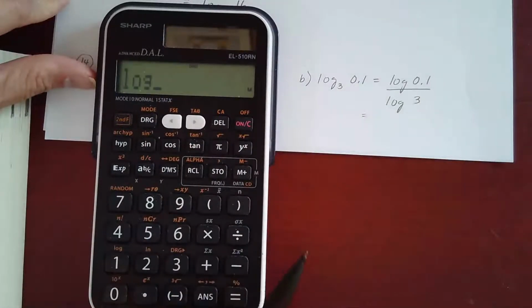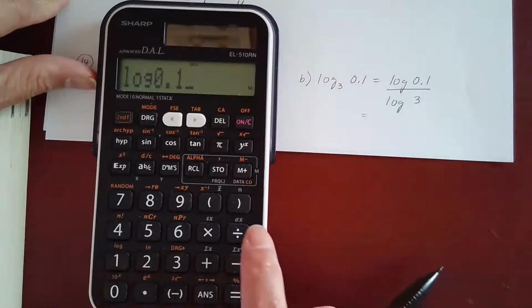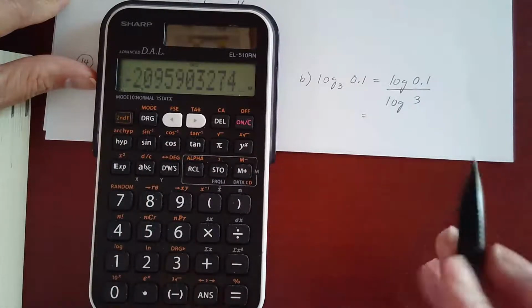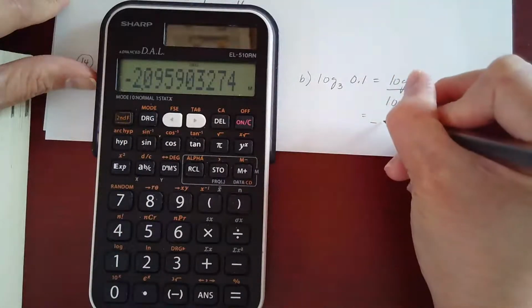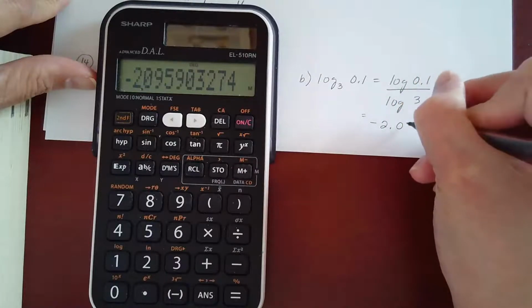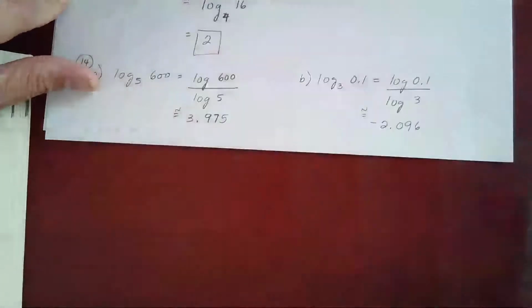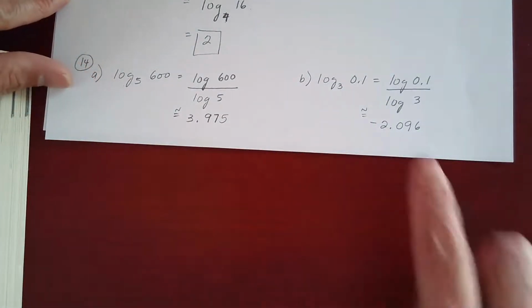So log of 0.1 divided by log of 3, and I got a negative 2.096 approximately. Okay, so that's a change of base.